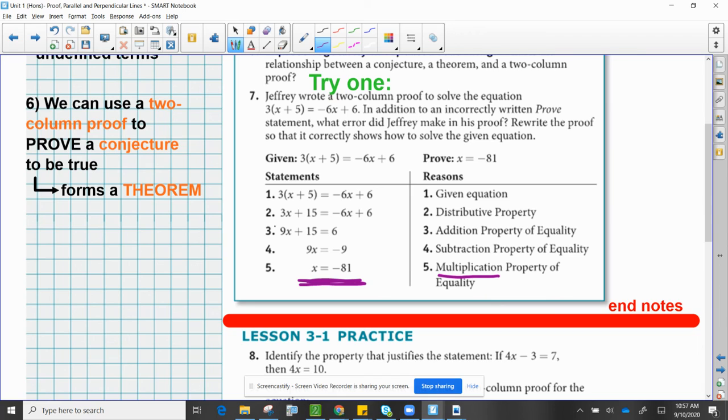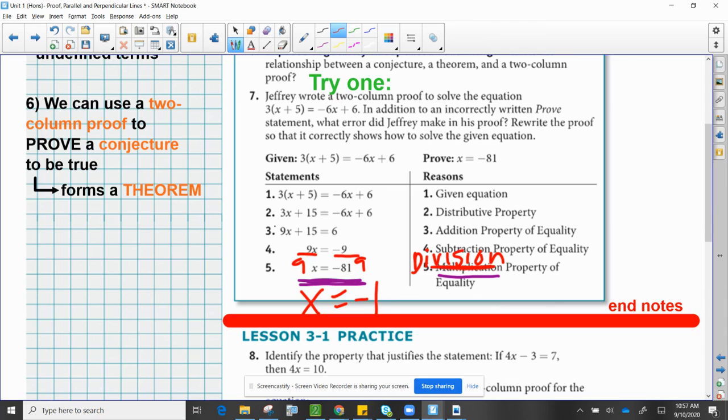Well, we have a problem there, right? Okay, because we didn't use the multiplication property, we should be using the division property of equality. Because in order to undo multiplication, we would have to divide, right? So Jeffrey should have got that x was equal to negative 1 instead, actually.